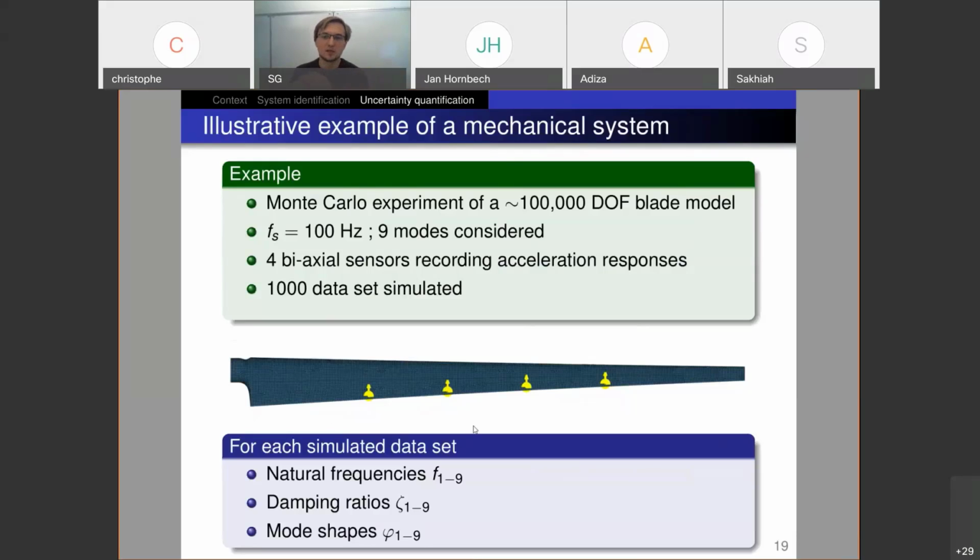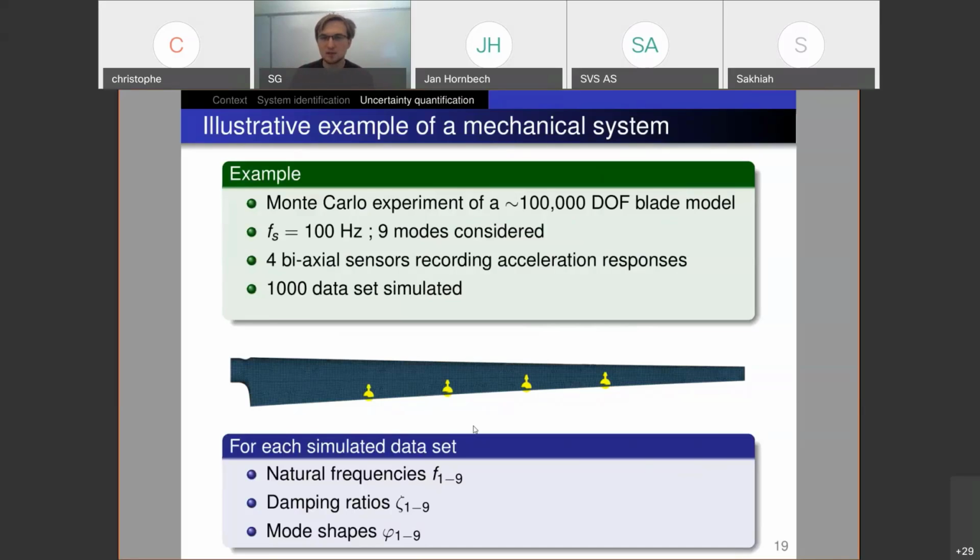We performed this experiment in a Monte Carlo setup, where we simulate 1,000 data sets from this blade. We simulated with a sampling frequency of 100 Hz. Within this frequency range, there are 9 modes. And we record the output data with 4 biaxial acceleration sensors.